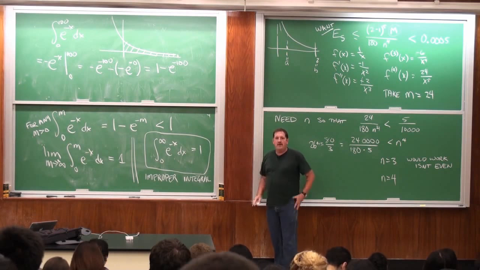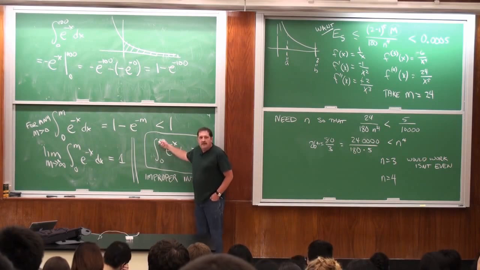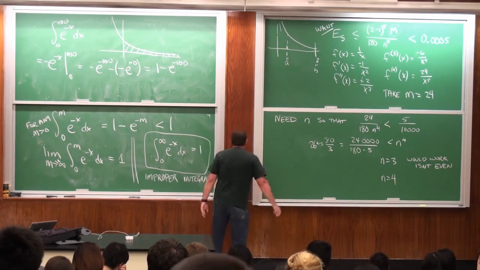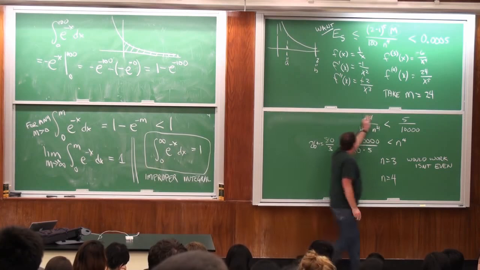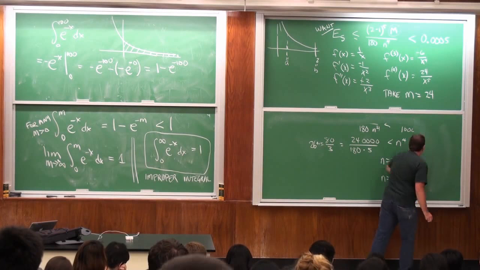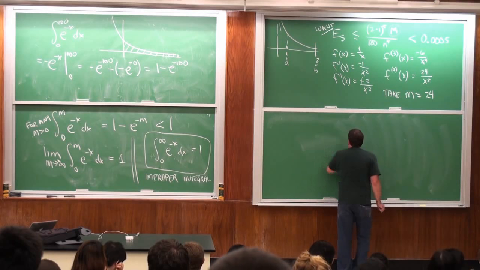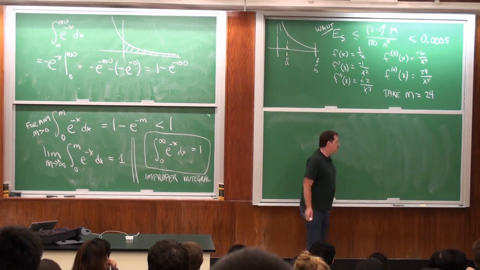Okay, so we have this improper integral here. An improper integral means that it's infinite in width. So in general, we can make sense of this notion of improper integral if one of the bounds is infinite.